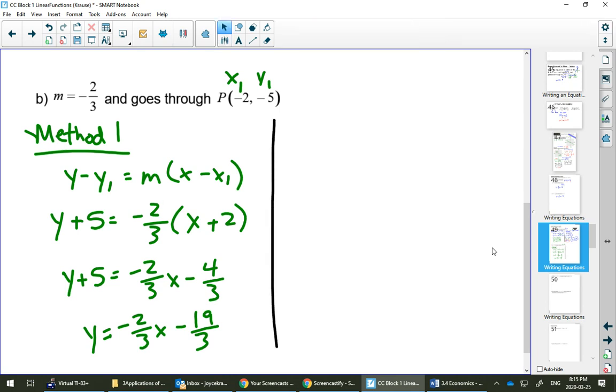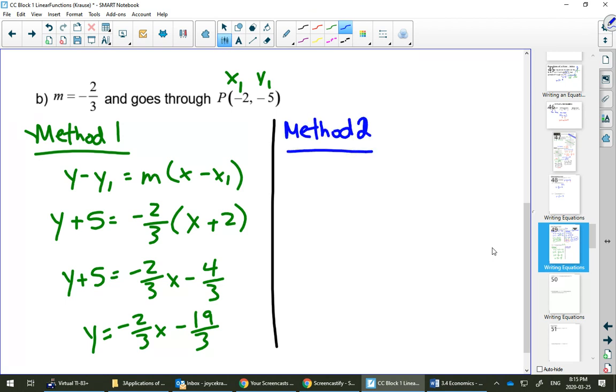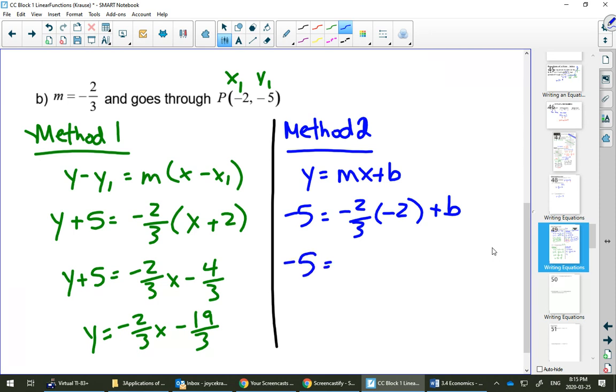All right, method number 2. Using the slope-intercept form, we've got y equals mx plus b. We know that y is -5. We know the slope is -2/3. We know x is -2, and we're looking for b. So we multiply and solve for b. So -2/3 times -2 is +4/3 plus b.